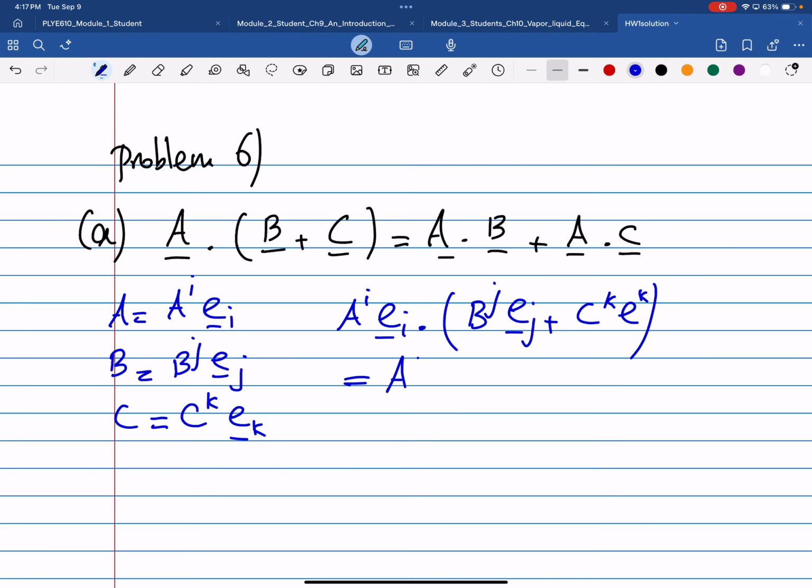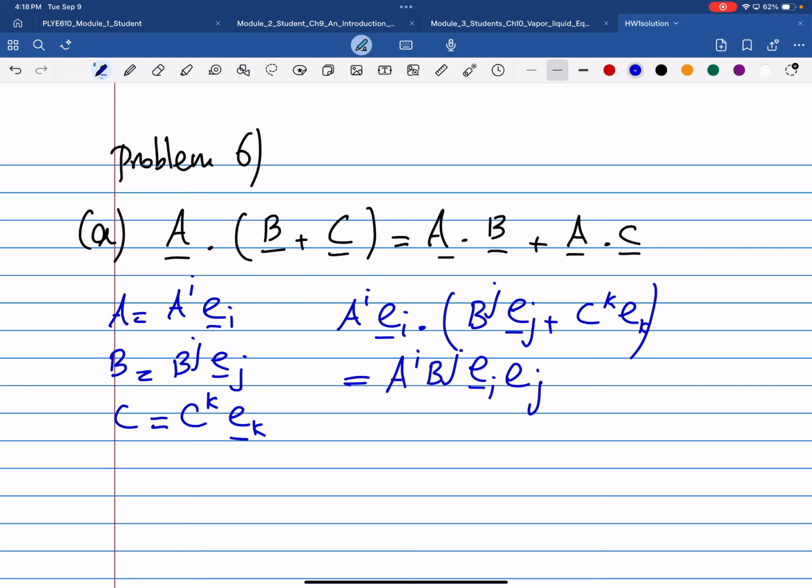So this is going to be A_i B_j e_i dot e_j. Oh, sorry, this C_k, I made a mistake. Sometimes it's very confusing. It should be down there.